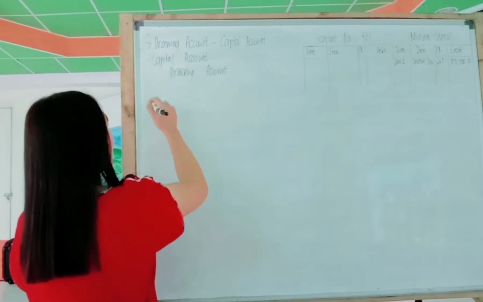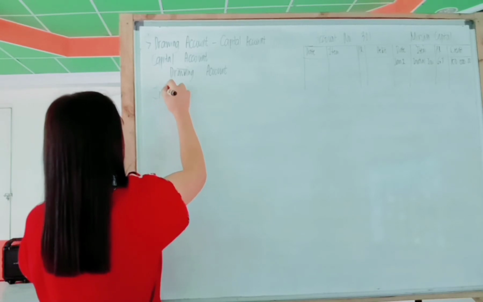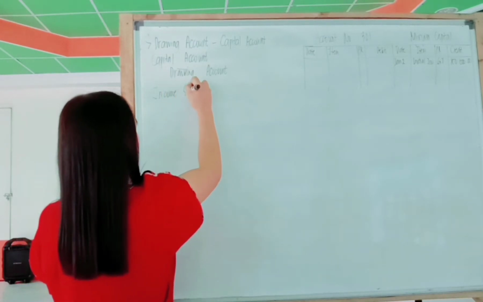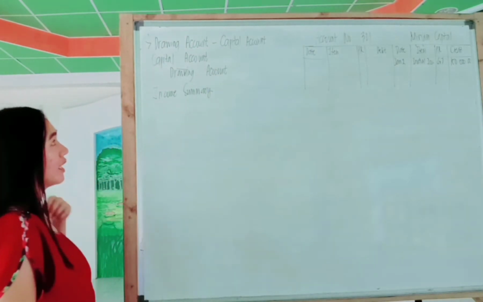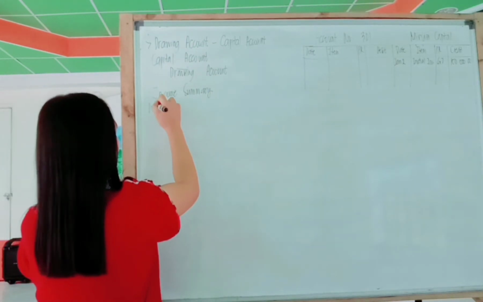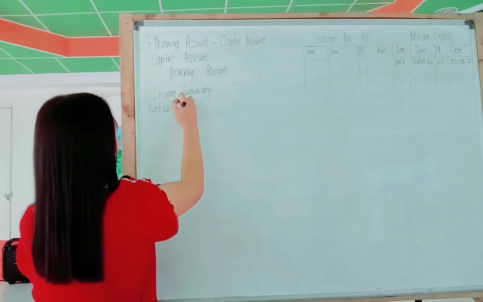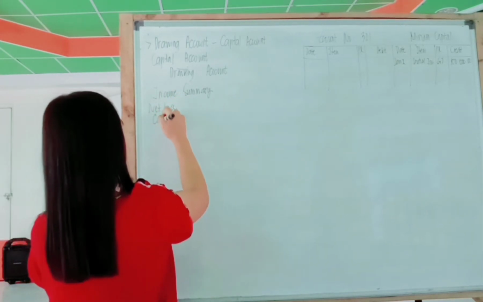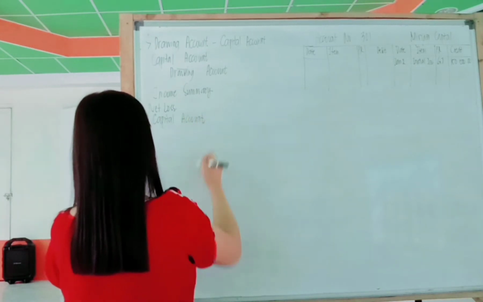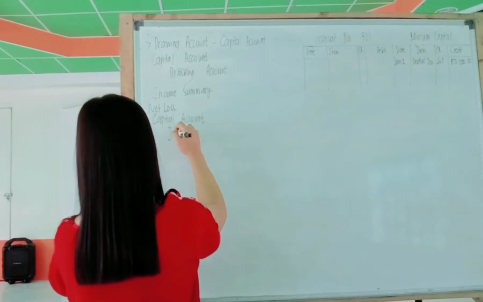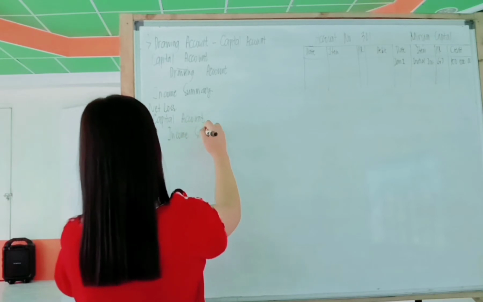And then, another thing, your income summary. Ayan, so your income summary, if it's a net loss, ang magiging entry natin is debit capital account, and then credit income summary.